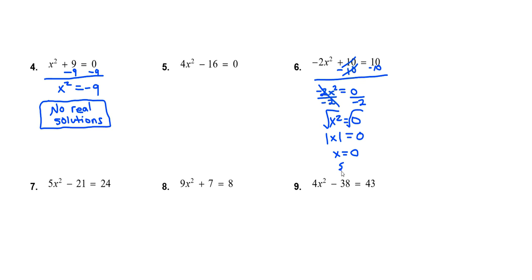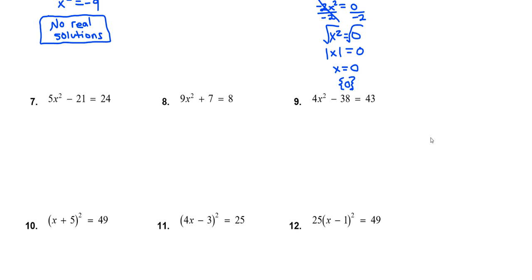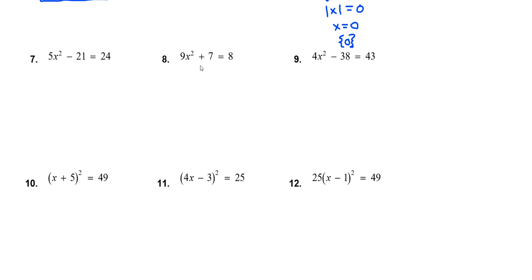Going on to number 8, subtract the 7 from both sides. I get 9x squared equals 8 minus 7 is 1. Divide both sides by 9. I get x squared equals 1/9. And that's nice because both of those are perfect squares. So I'm going to square root both sides. The square root of a quantity squared is the absolute value of that quantity.